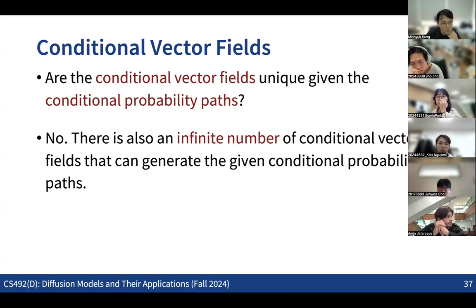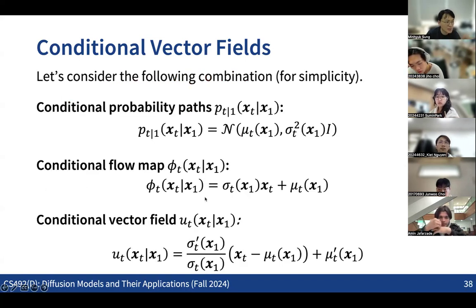Among the options, we are going to consider this specific combination, but it doesn't need to be this one. The only reason we consider these options is that they are all based on Gaussian distributions, which makes our life much easier, everything becomes much simpler, right?